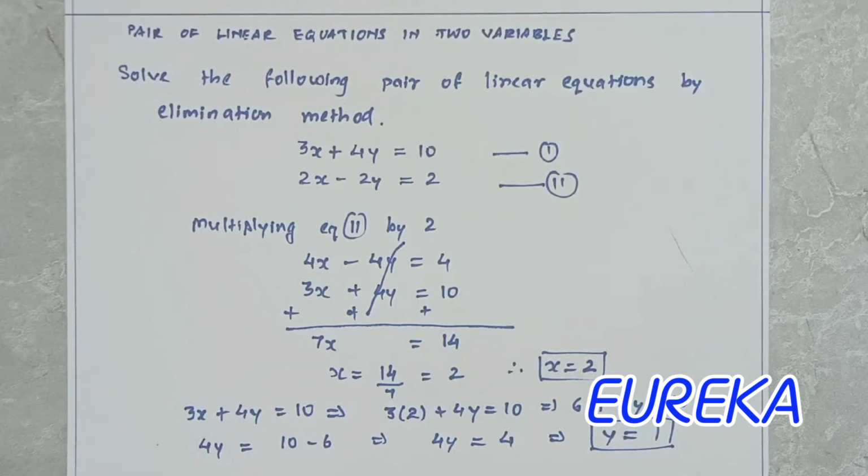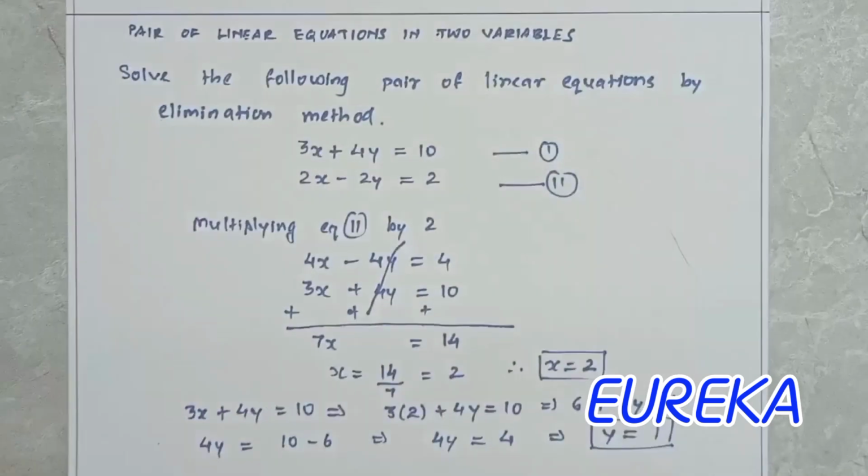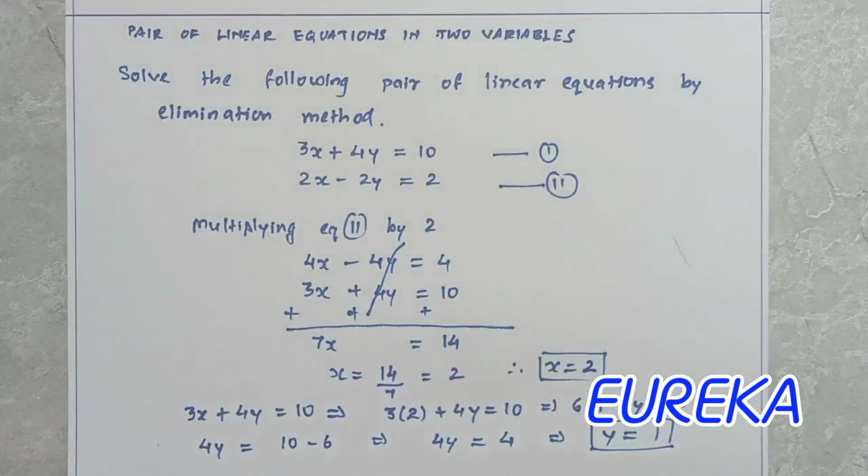Sometimes they ask to solve the particular question by both substitution and elimination methods, or they may ask you to solve by either of them. If it says solve by the elimination method only, it may come for 2 to 3 marks depending on the difficulty level. Otherwise, this generally comes for 2 marks only.